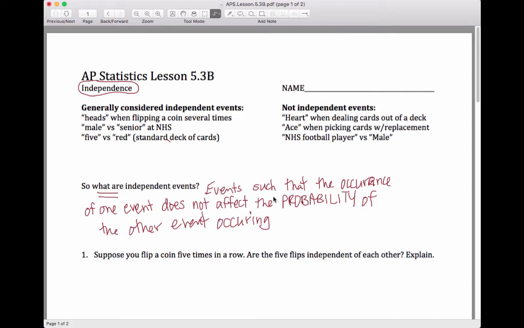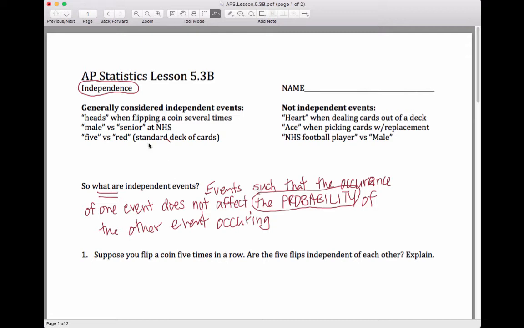So, in the world of statistics, when we talk about independence, we're talking about independence of probabilities. Knowing that one thing has happened should not have any effect on the probability of something else happening. That is our definition of independence.